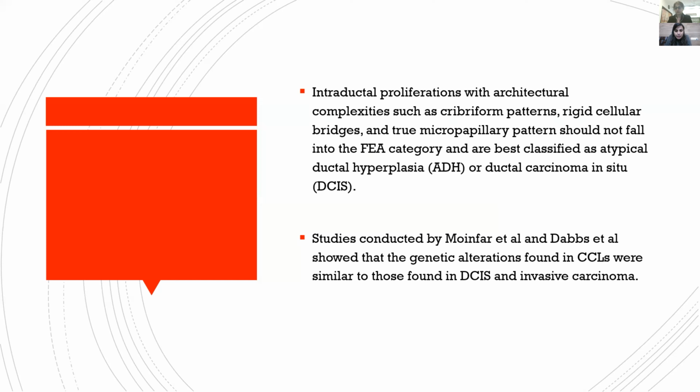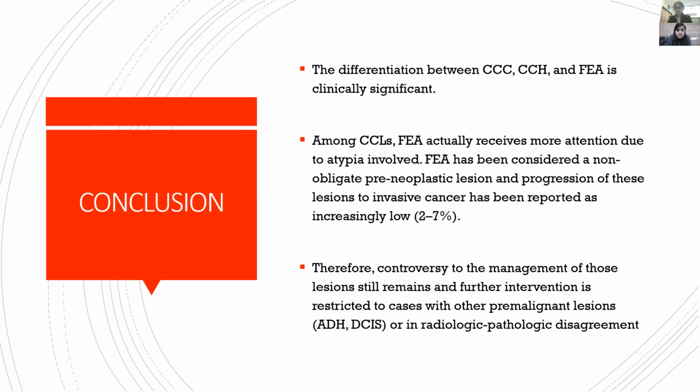Studies conducted by Moinfar et al. and Dabbs et al. show that genetic alterations found in columnar cell lesions were similar to those found in DCIS and invasive carcinoma. So we almost have similar genetic alterations, but we don't have any architectural complexity. Next slide, please.